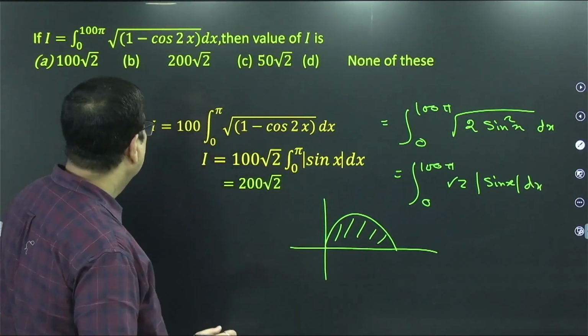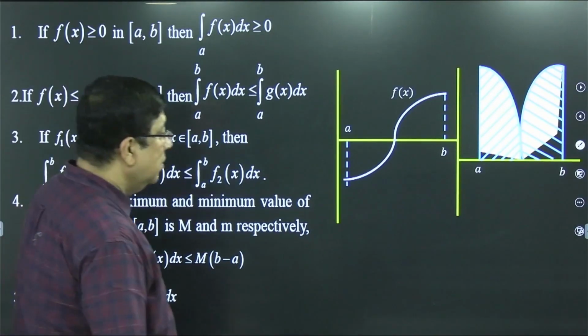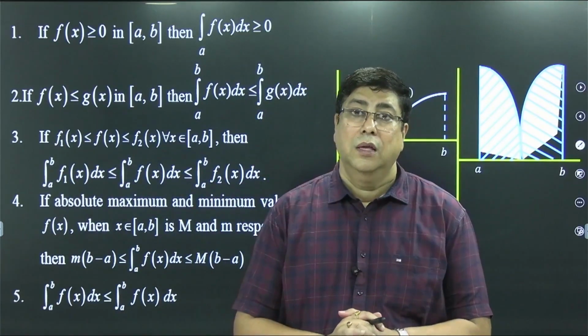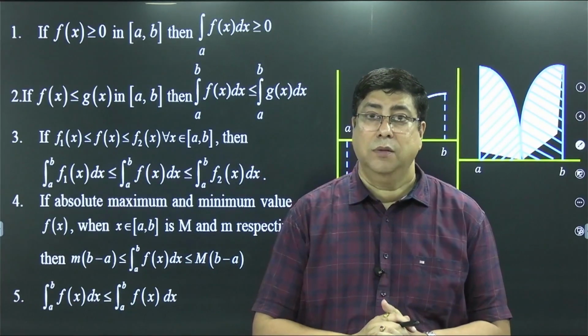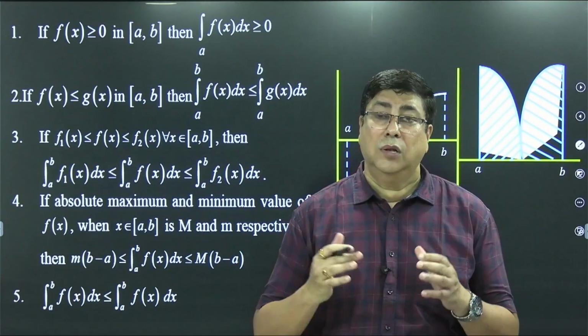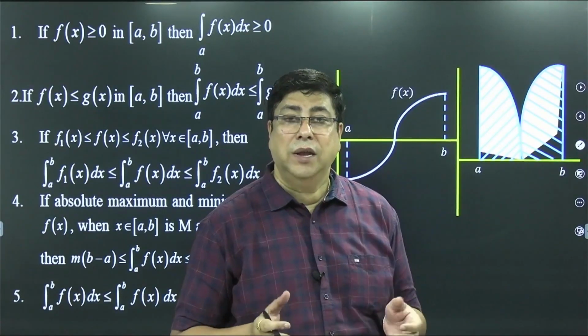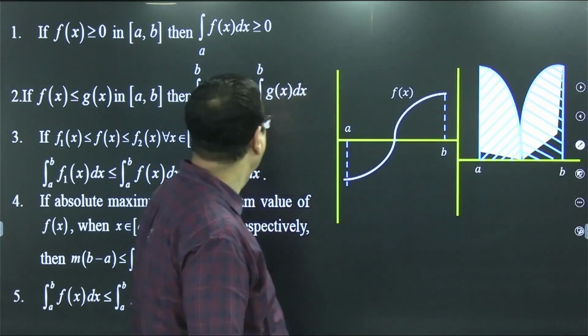Now let's go to the next sum. Generally, the properties related to inequality are for JEE Advanced and the ISI examination. Then also the type of questions which come in the JEE Main examination and BITSAT examination. So let us prepare for that. In this case, just see one thing.